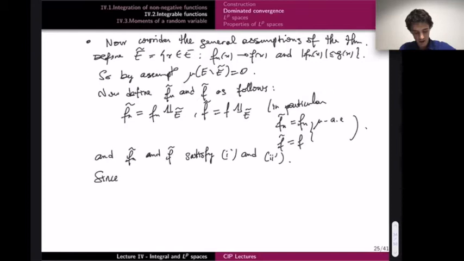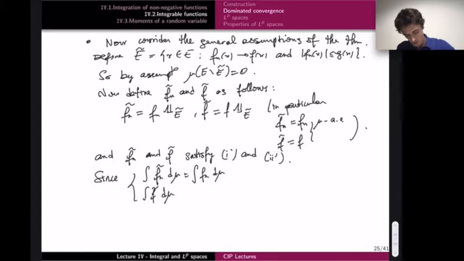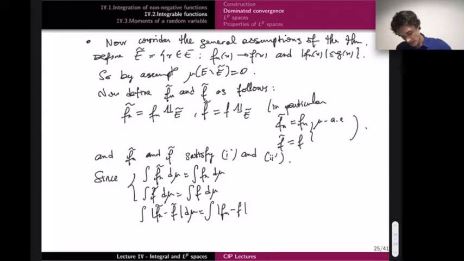We have seen before that the integrals of functions which coincide almost everywhere are equal. So the integral of f_n tilde d mu is equal to the integral of f_n d mu, and the integral of f tilde d mu is equal to the integral of f d mu, and again the integral of f_n tilde minus f tilde d mu is equal to the integral of f_n minus f, so the desired result follows.